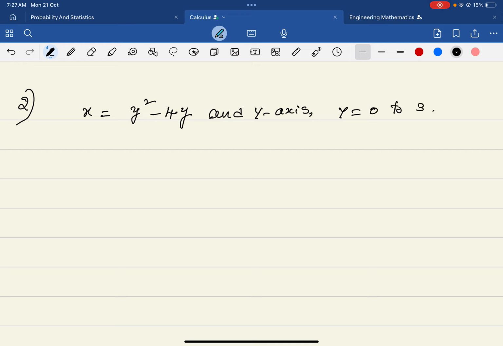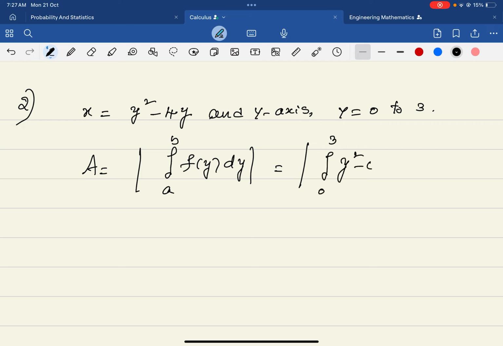Okay. So now the formula is what? To find the area, it is the modulus value of the integral from a to b of f of y dy. So that is the modulus of the integral from 0 to 3 of y square minus 4y dy.